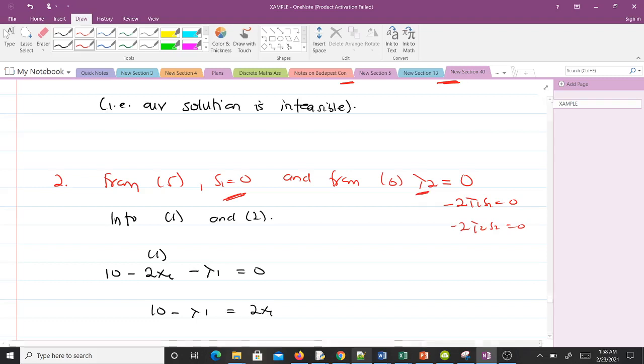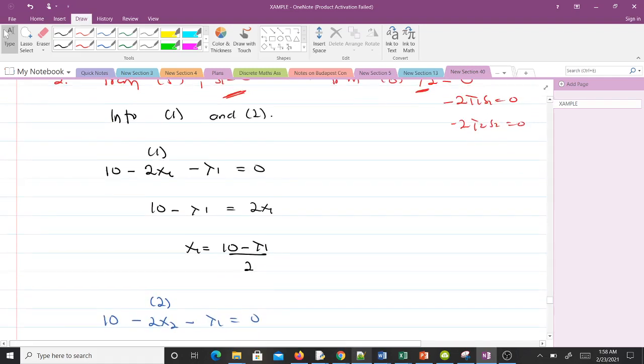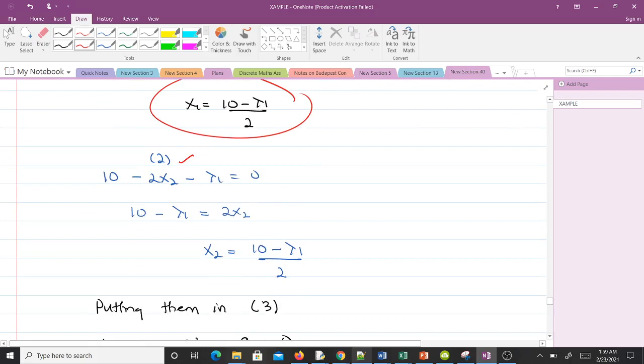So putting that into equation 1 will give us 10 minus x1 minus lambda 1 equals 0, and making x1 the subject gives us this. Putting that into equation 2 will also give us 10 minus lambda 1 equals 2x2, and x2 is given by this.